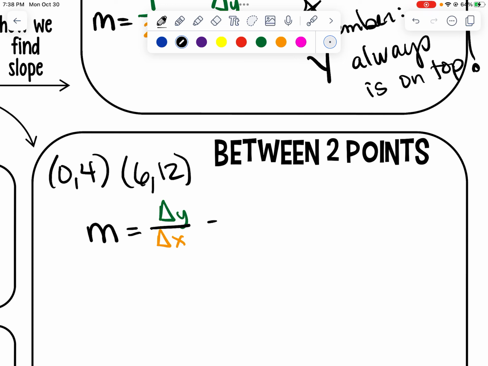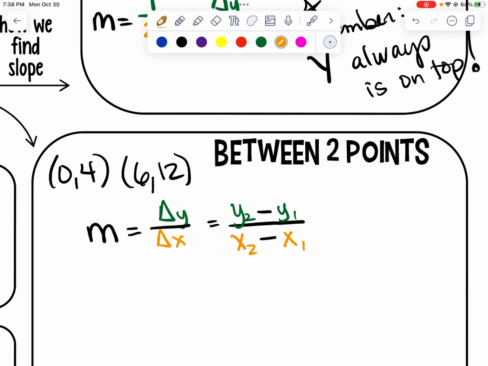And that formula says, I like to write it like this. It says y2 minus y1 over x2 minus x1.